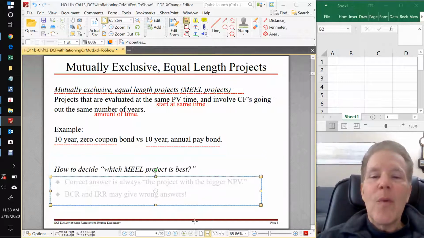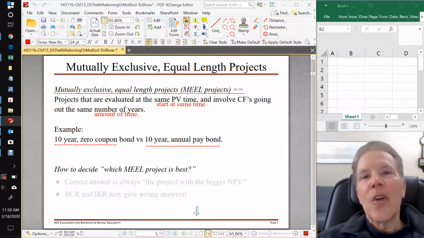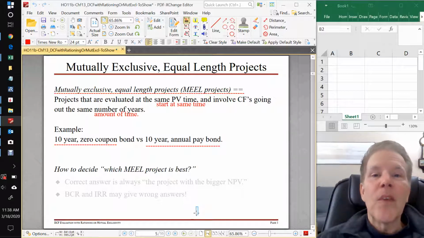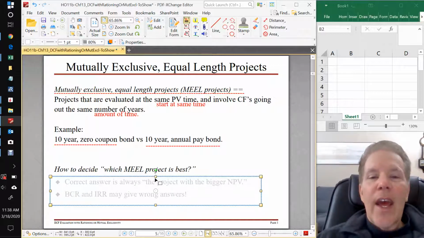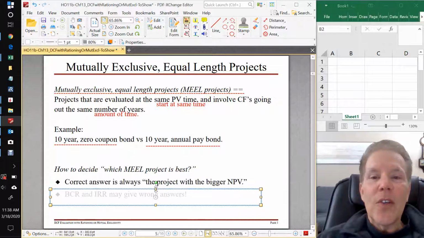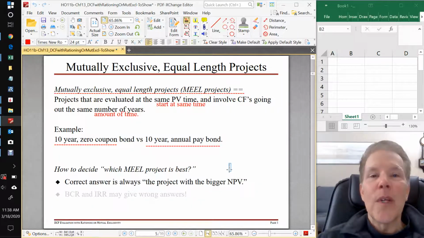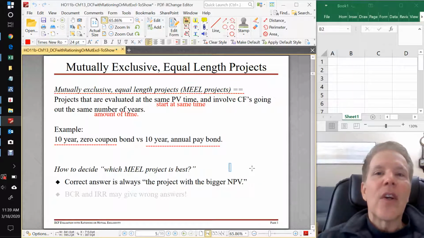So what we want to do is we're going to be looking at two projects, maybe three projects sometimes, and we want to decide which one is best for us of these mutually exclusive equal length projects. And what I'm here to tell you and to prove to you in the next couple slides is that the correct answer is always the project with the bigger net present value, the project with the bigger NPV.